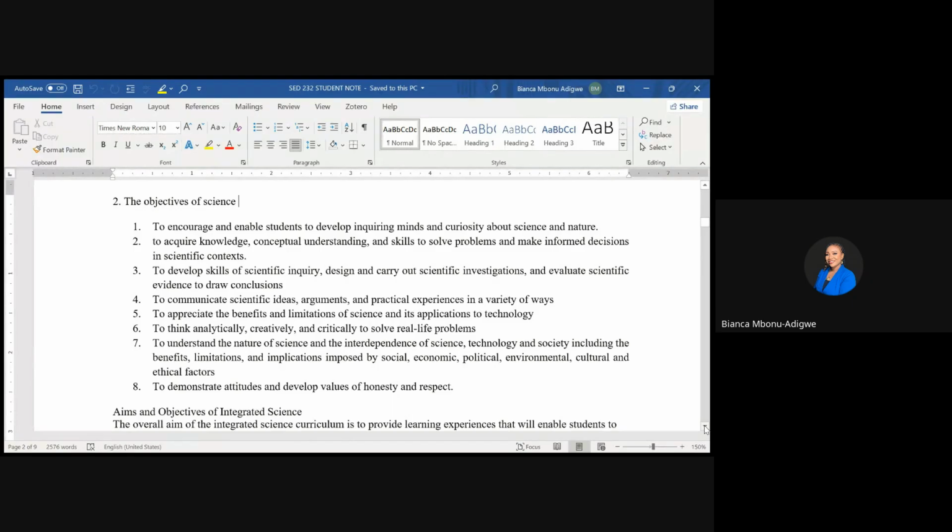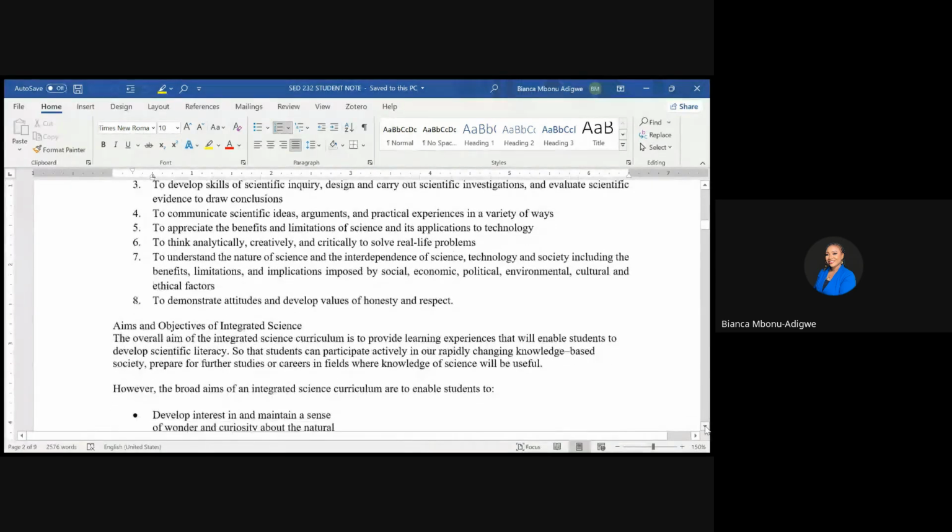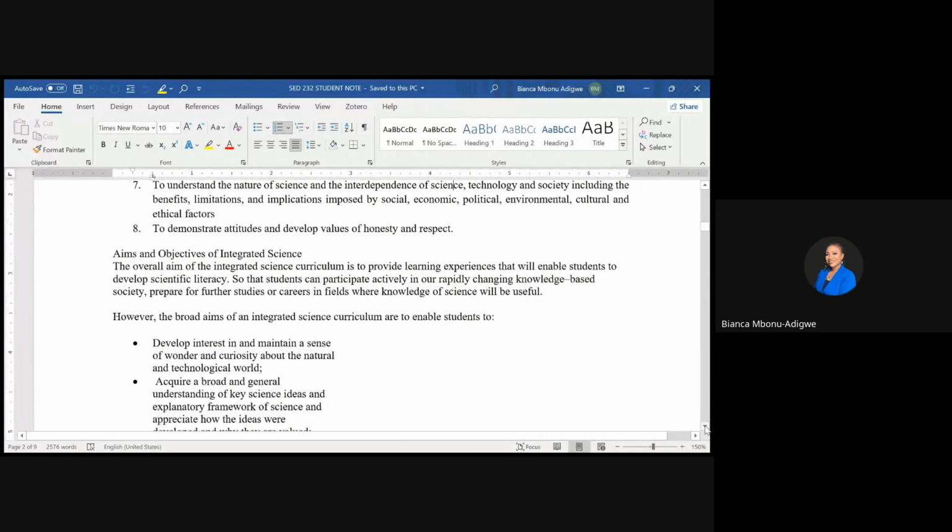You see, we have gone from teaching as a whole down to science teaching, and now we are coming home to the one that will concern us. The aims and objectives of integrated science. Why do we have integrated science in our curriculum?